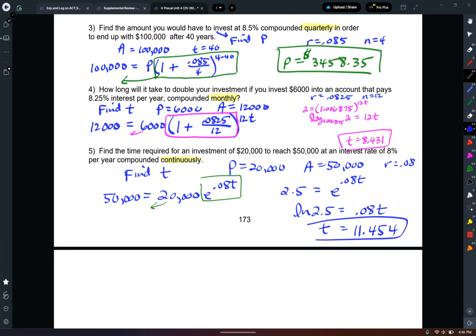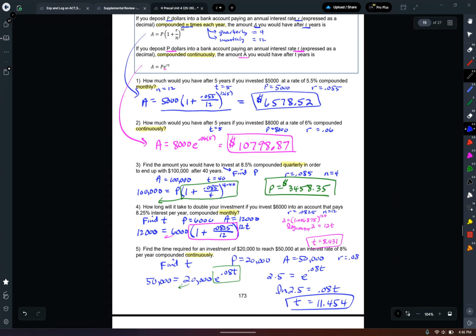Now, before you cut off the video, just something I want to let you know. I've been writing down, and this is just because it's the video for informational purposes, all of the given information. So like up here on number 1, I wrote out what n is and what t is and what P is and what r is. And that's fine if you need that to help you. But basically what I need from you as far as showing your work is the equation. I just need the setup.